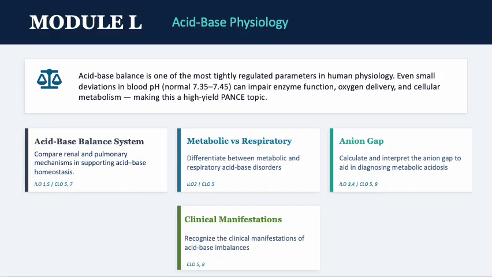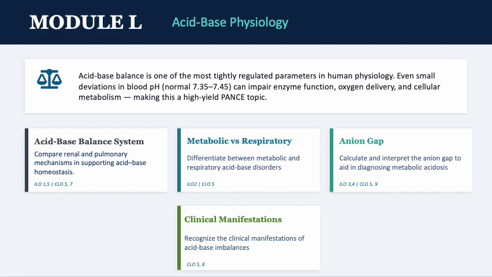Acid-base balance is one of the most tightly regulated parameters in human physiology. Even small deviations in blood pH can impair enzyme function, oxygen delivery, and cellular metabolism.